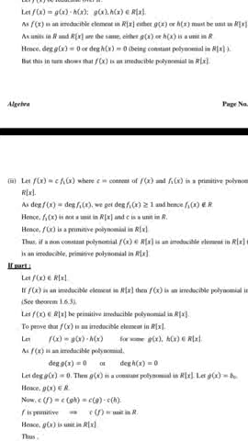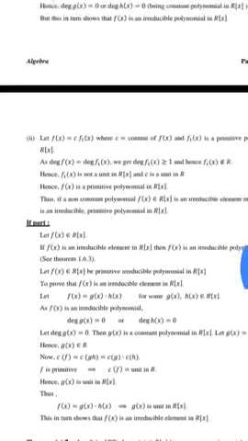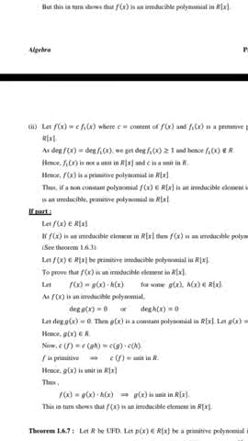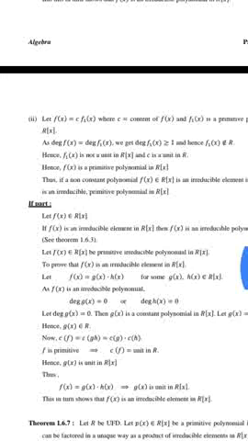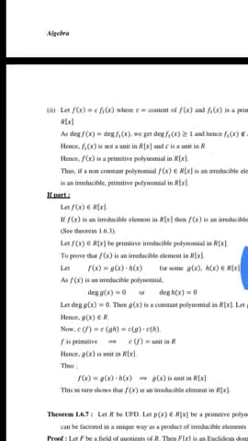Let f(x) = c·f1(x), where c = c(f), the content of f(x), and f1(x) is a primitive polynomial in R[x]. As degree of f(x) is equal to degree of f1(x), we get degree of f1(x) is greater than or equal to 1, and hence f1(x) does not belong to R. Hence, f1(x) is not a unit in R[x] and c is a unit in R. Hence, f(x) is a primitive polynomial in R[x].